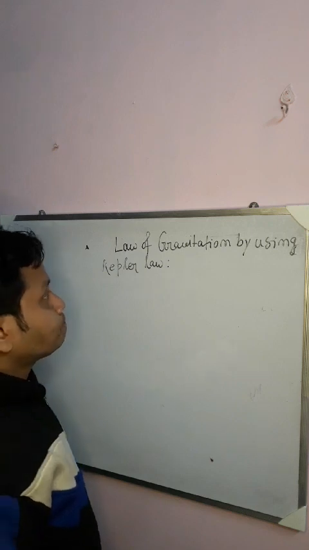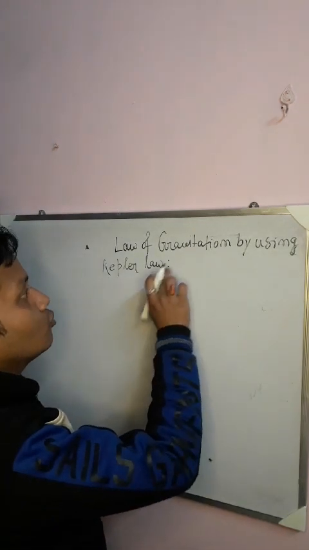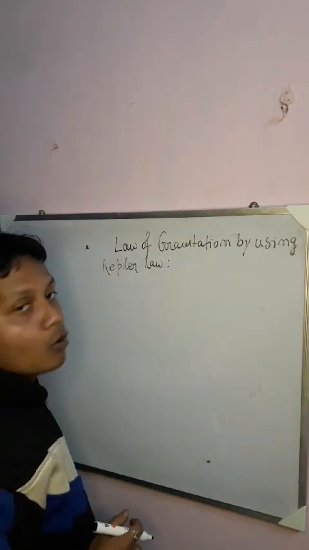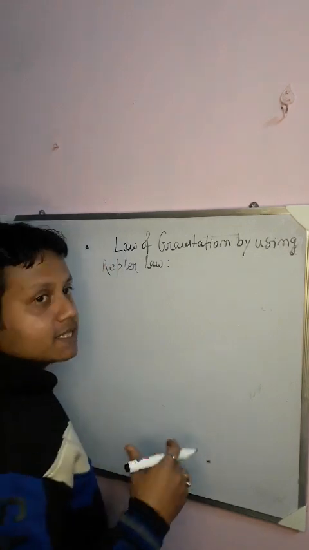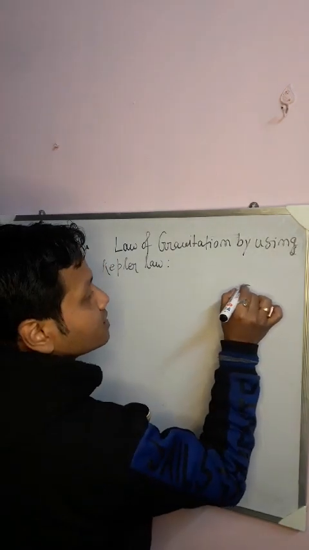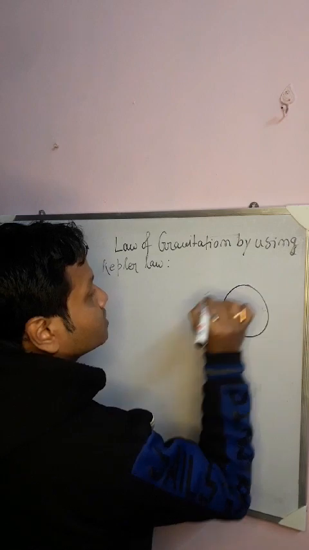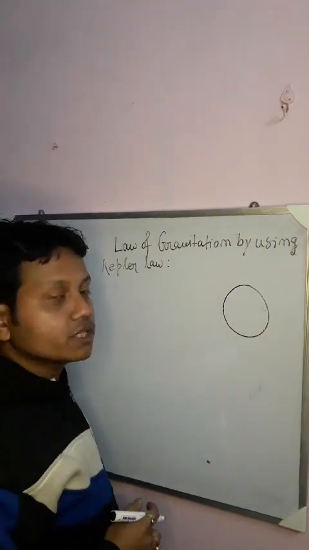That means by using Kepler law we have to show the law of gravitation. So let's proceed. As usual, here we consider the simple circular orbit. For simplicity we consider the orbit to be a circular one.